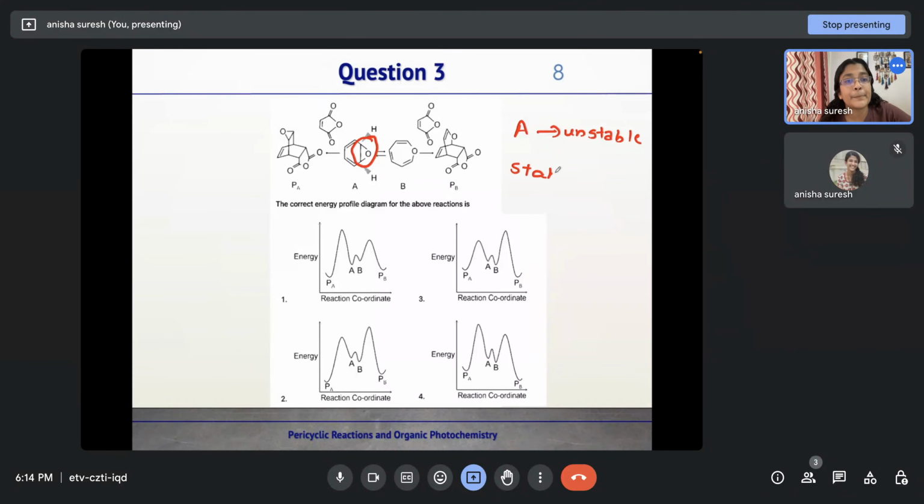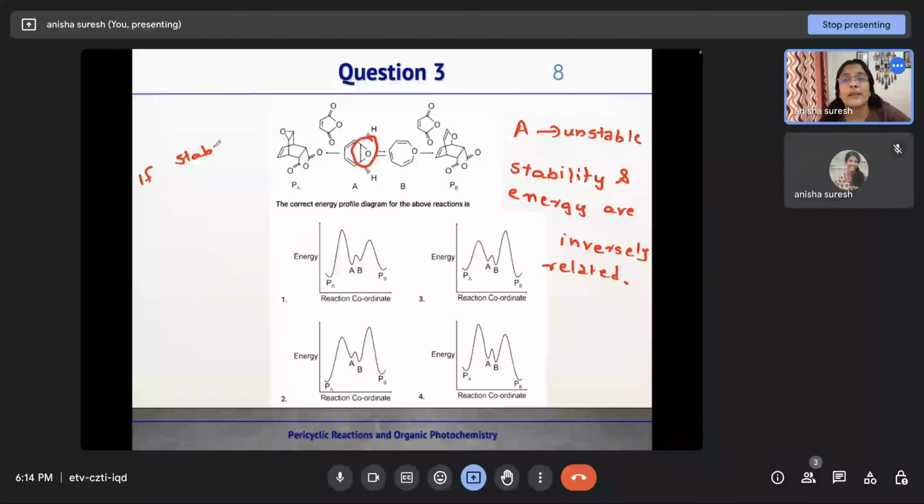Stability and energy are inversely related. So if stability decreases, energy increases.